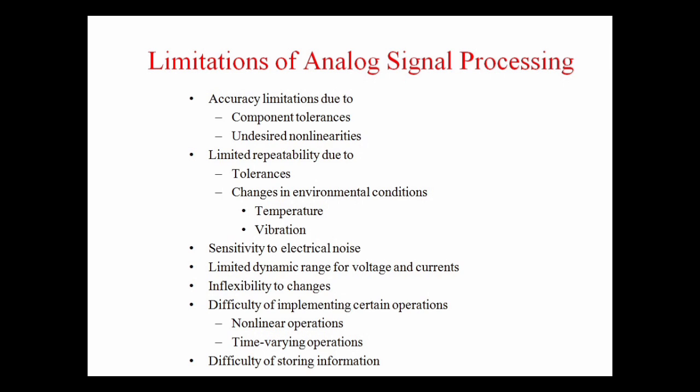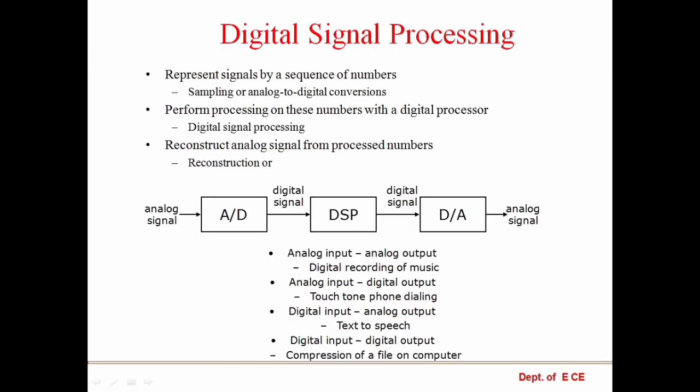The next slide is about the exact meaning of digital signal processing. Digital signal processing is nothing but representing signals in terms of a sequence of numbers by digital conversion. Initially you get the information from the analog to digital converter. The output of the analog to digital converter is given to the DSP processor system.